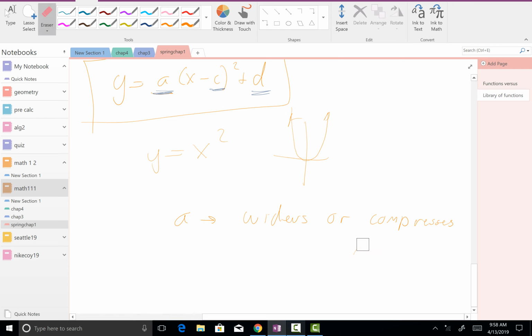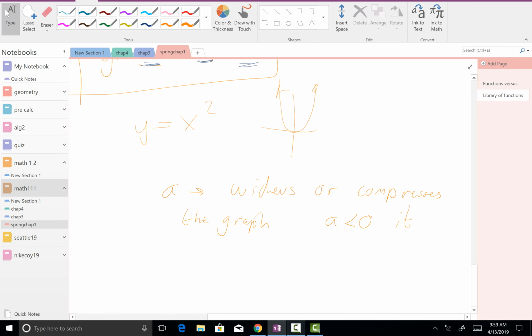Yeah, you're right about that. If A is less than 0, what did you say? It flips the graph over the x-axis.